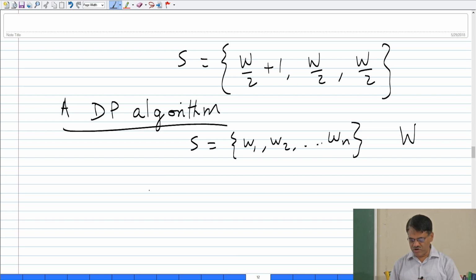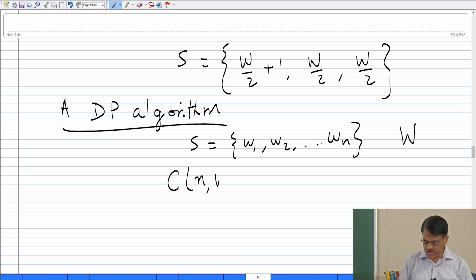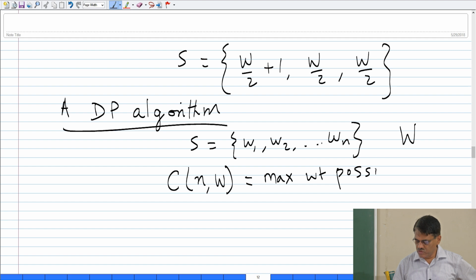Okay. So, let's go back to the knapsack version of it, where I want to find the maximum close to W which I can achieve by a subset, and if it is equal to W, then I know I've solved the exact version as well, right? So let's say the maximum weight, I don't want to use W, already used. Maximum capacity from 1 to n in my capacity W is, suppose this is my notation, max weight possible from a subset of 1 to n.